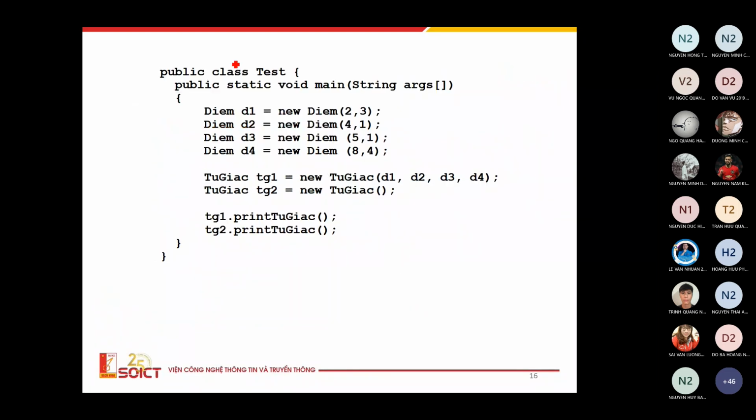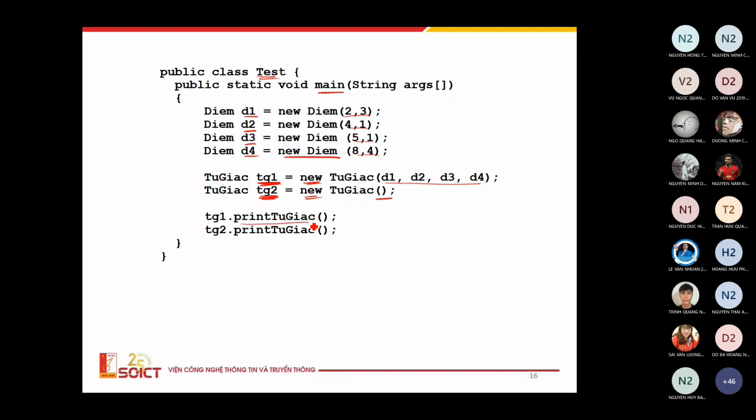And finally we have the main method. You create D1, D2, D3, and D4 as new objects of the class điểm, with coordinates like this. And then you create two objects of the rectangle with the new operator and different input for the constructor.